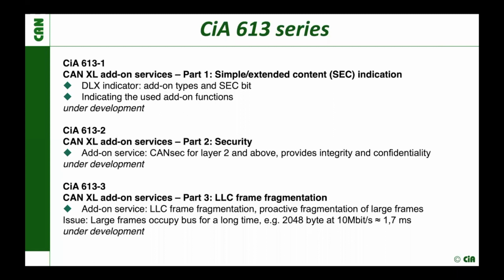Because CAN XL allows transmitting frames with a maximum of 2048 bytes in the data field, it is possible that, for example, a CAN XL frame at 10 megabits with 2048 bytes will occupy the network for about 2 milliseconds.